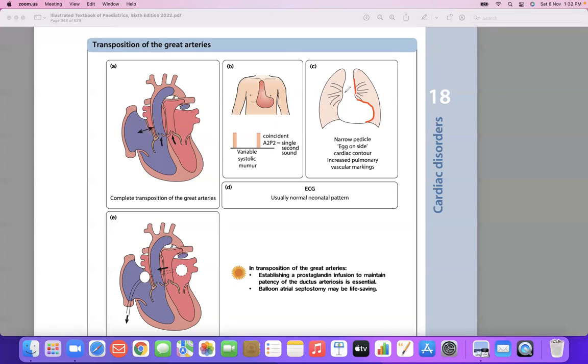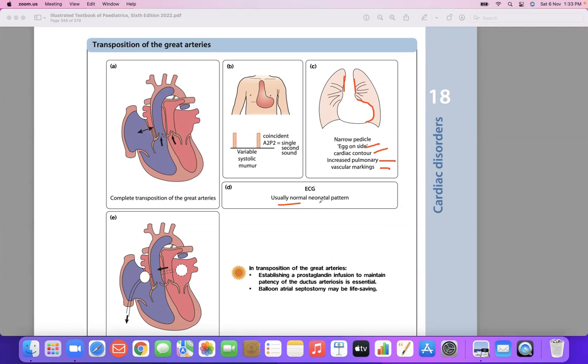So narrow pedicle, egg on side cardiac contour, and increased pulmonary vascular markings.